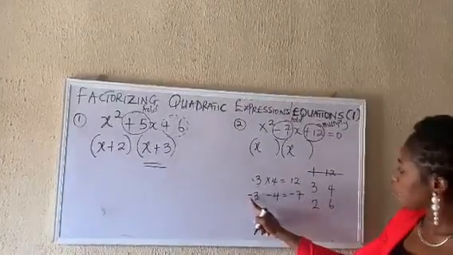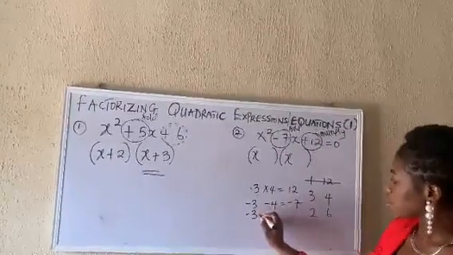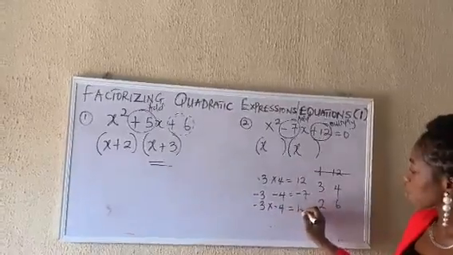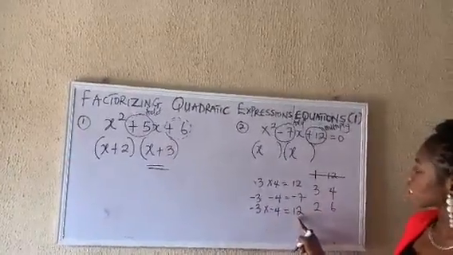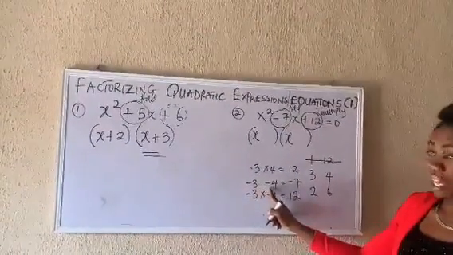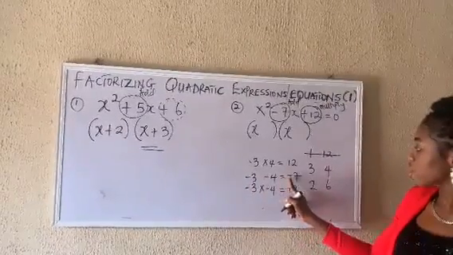And if you also multiply minus 3 and minus 4, it will still give us plus 12. Minus 3 times minus 4 will also give us plus 12. So you see that the ones that will complement this are minus 3 and minus 4. Because when you add minus 3 and minus 4, it gives us minus 7.